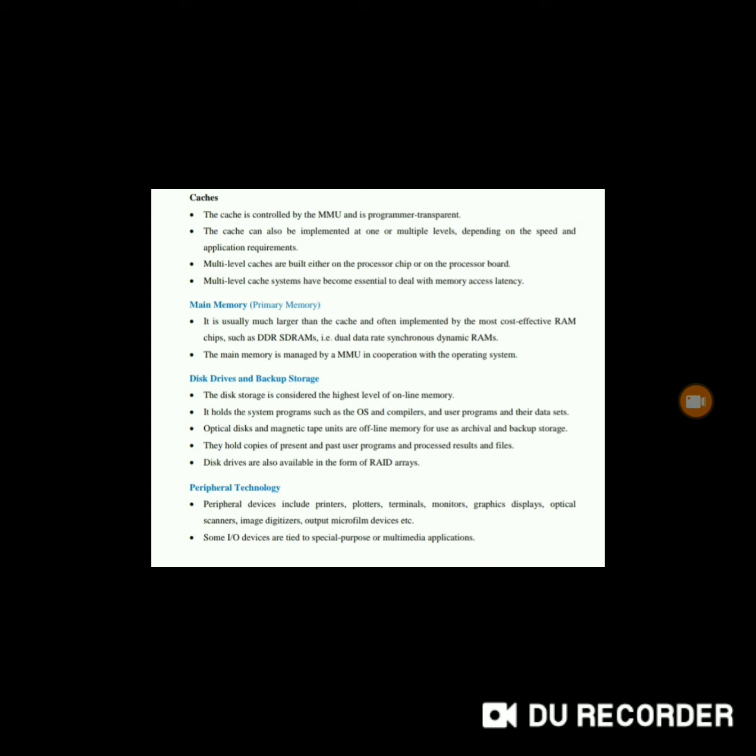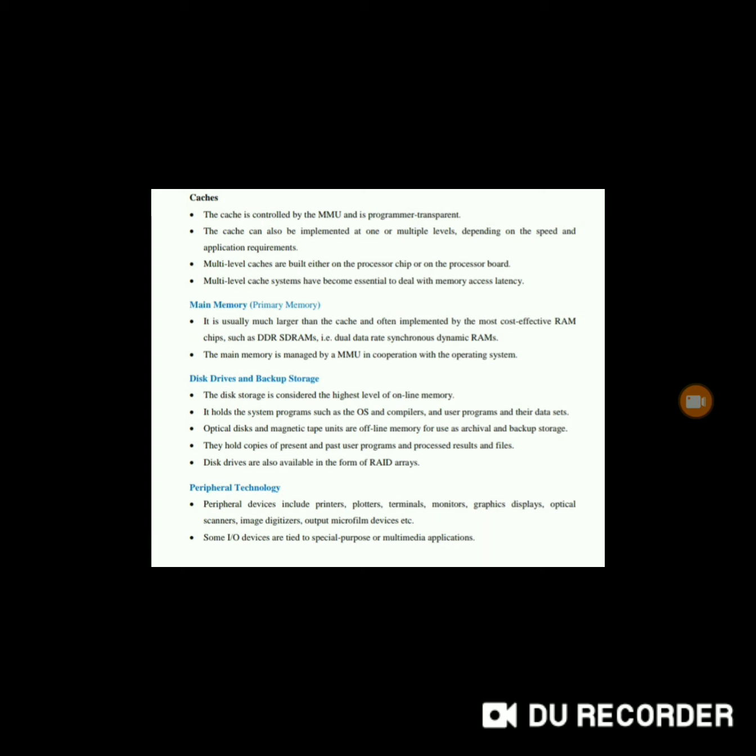In backup storage and disk drives, the disk storage is considered the highest level of online memory. It holds the system programs such as the OS and compilers and user programs and their data sets.